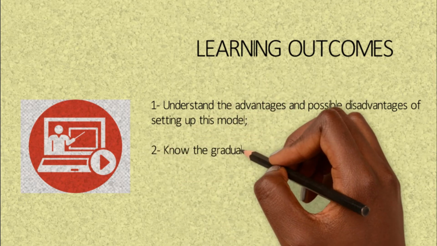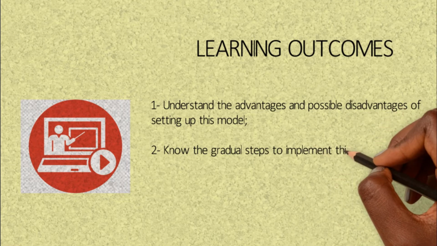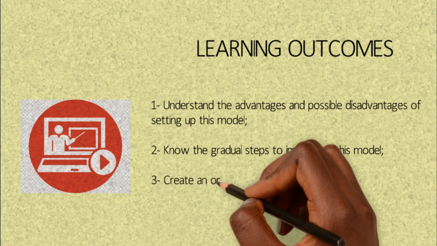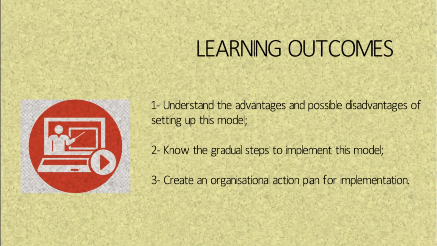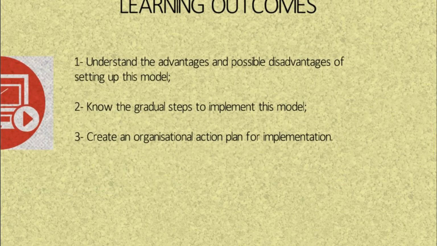We will know the gradual steps that we need to follow to implement this model in our organizations, and we will be able to create an organizational action plan for implementation.